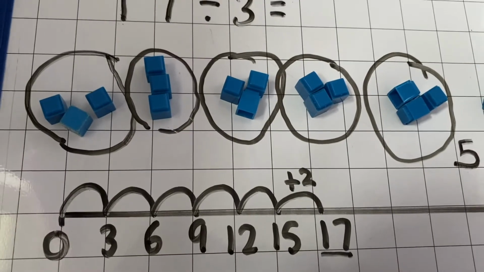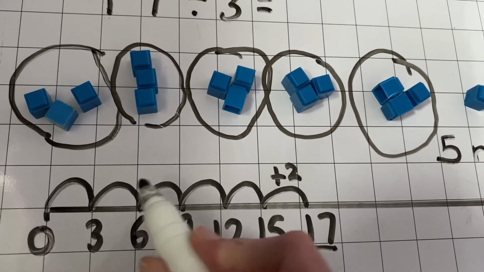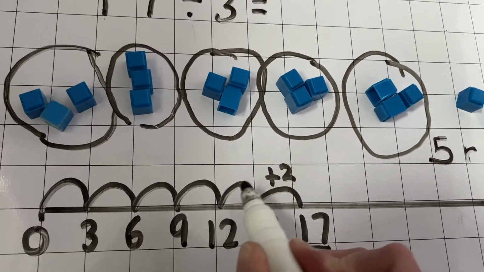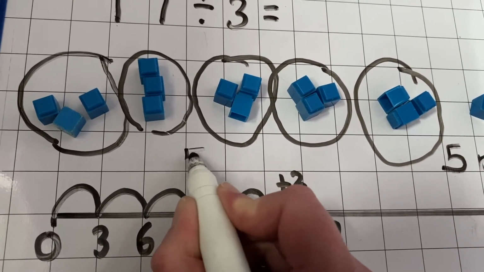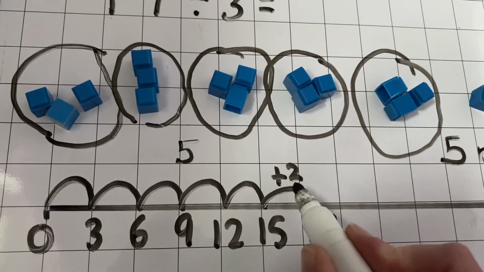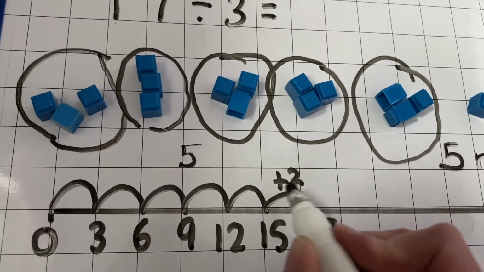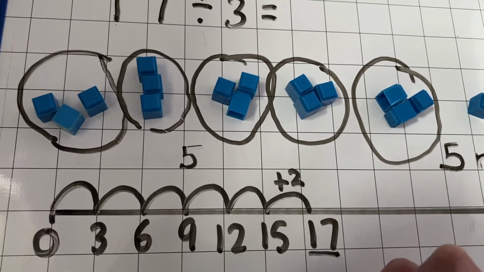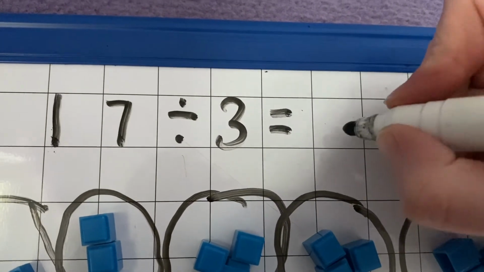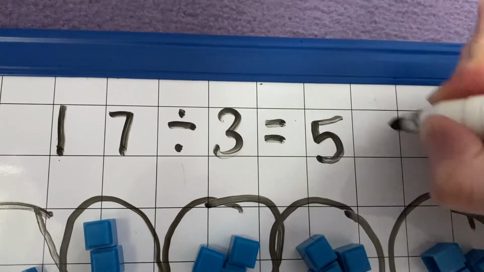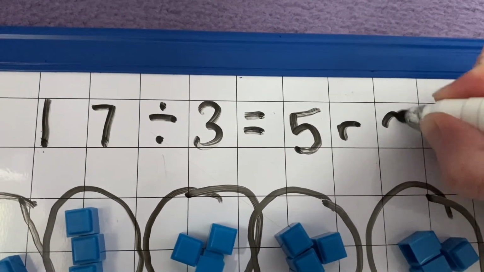In which case, I count how many lots of 3, how many groups of 3. 5 with 2 left over, so 2 remainders. So my answer, 17 divided by 3, is 5 remainder 2.